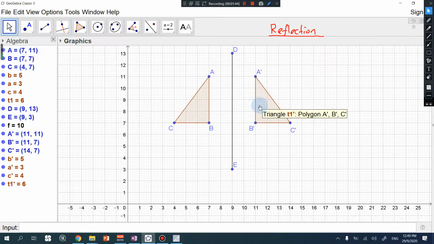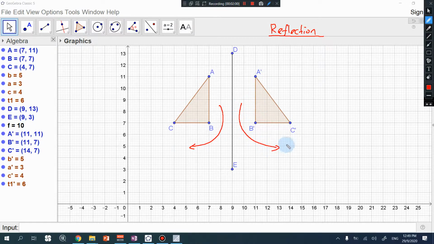They have the same shape, same size, but their orientations are different. If you look at the orientations, this is A, B, C, clockwise. This is A prime, B prime, C prime, anticlockwise. Okay, so this is one of the properties of reflections.